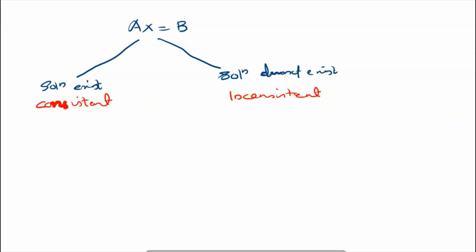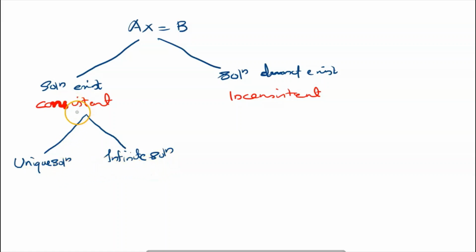So consistent means a solution exists. Solution exists means we have two cases. Either it has a unique solution, that means only one solution, or it has many solutions, that means infinite solutions. These are the only two possibilities.